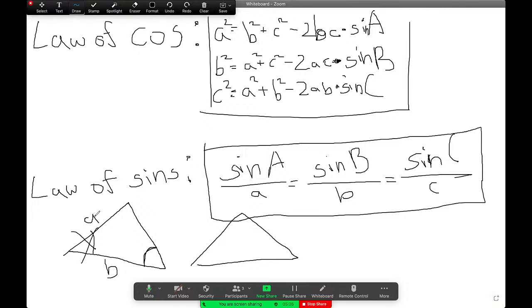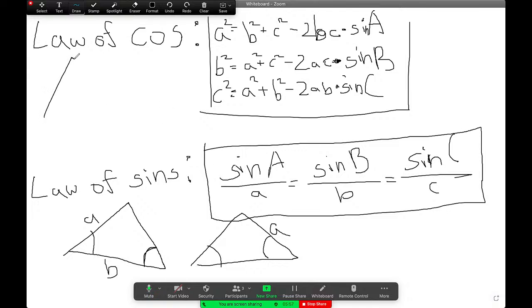If you had something like this, then you would use the law of cosines instead of the law of sines. It's not necessarily bad, but you wouldn't use this. If they give you two angles, and then whichever side, it doesn't matter, then you would use this also.